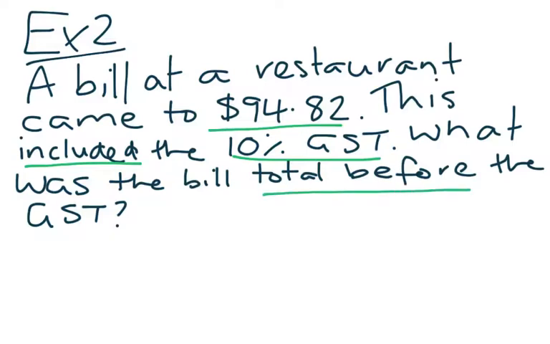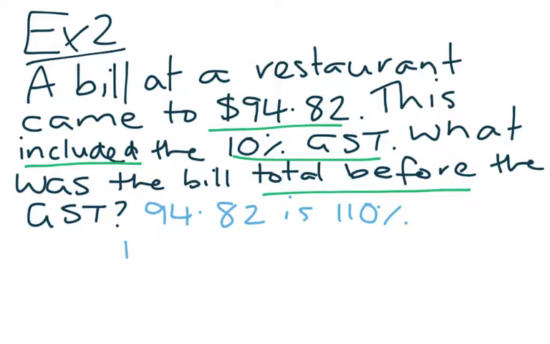Okay, so we need to work out, well, if we had the amount and we've added on 10%, that means that the $94.82 that the bill is, is 110%, because we had the starting amount, which we don't know, which is the 100%, and we've added on the extra 10% GST.